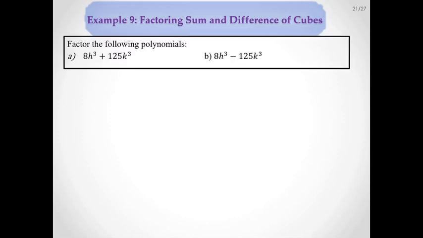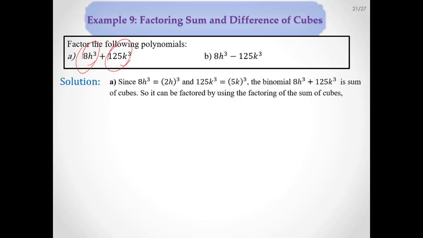Now let's look at example 9. We will factor sum and difference of cubes. Now look at these two polynomials. One involves cubes, but is this a cube of something, and is this a cube of something? The first thing is this is a cube, like 2h cubed, and this is 5k cubed.